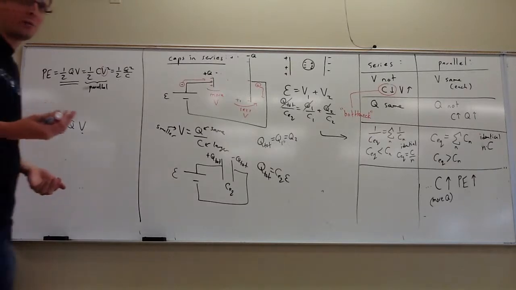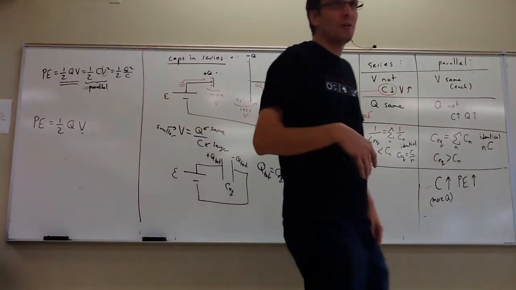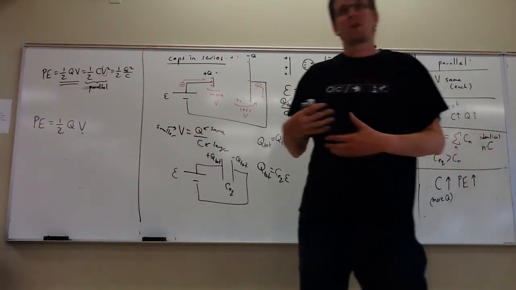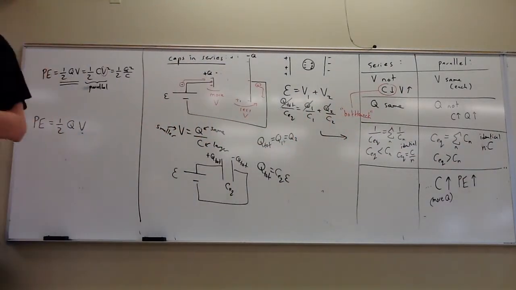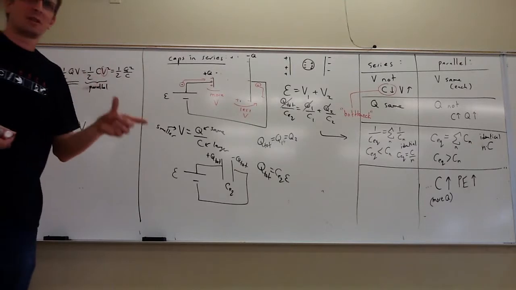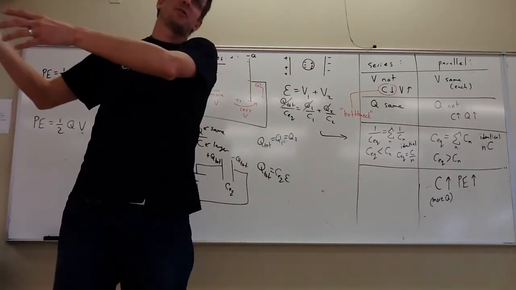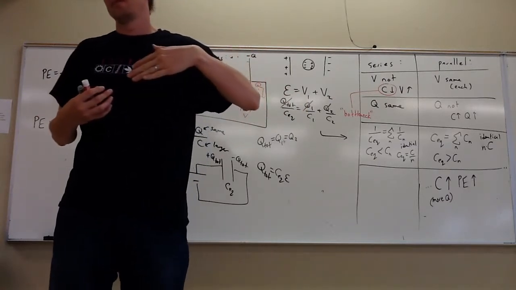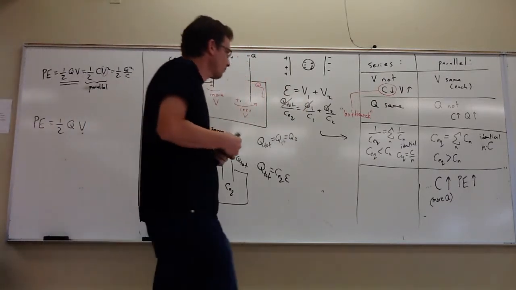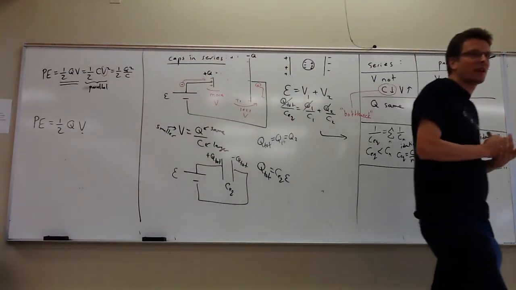You might question, why would you want a capacitance that was low? Well, you of course want to always be able to tune in whatever capacitance you want based on the capacitors you have. So if you want a certain capacitance and you only have capacitors that are bigger than that, you can put them in series to bring the value down. Okay? Are there any questions before I talk about energy?